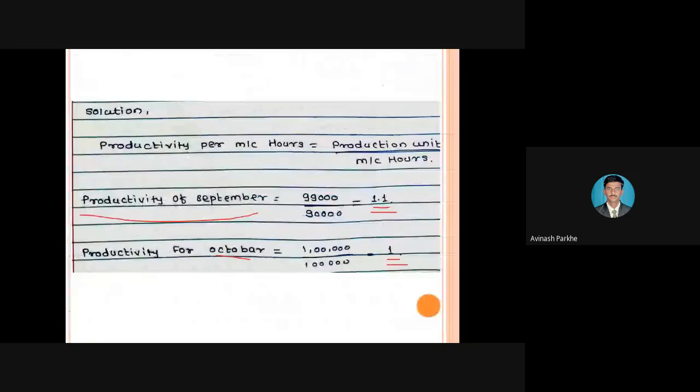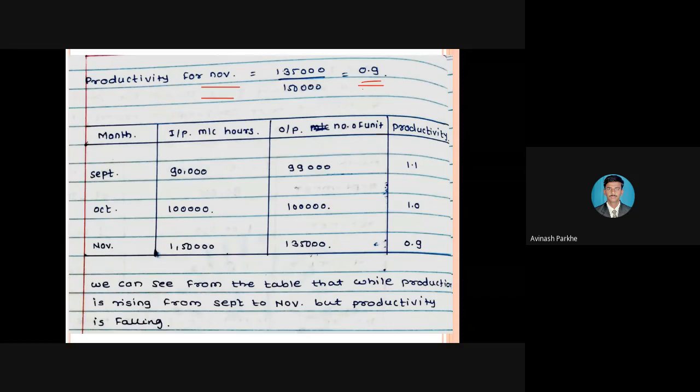So from September to November, initially productivity is 1.1, then it becomes 1, and finally it becomes 0.9. Here we can say that your production is continuously increasing, but there is no increase in productivity. There is a fall, a decrease in productivity.